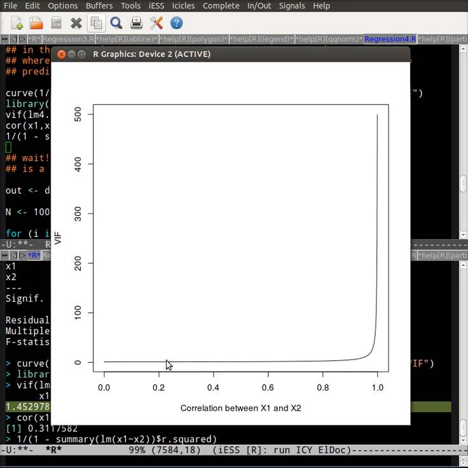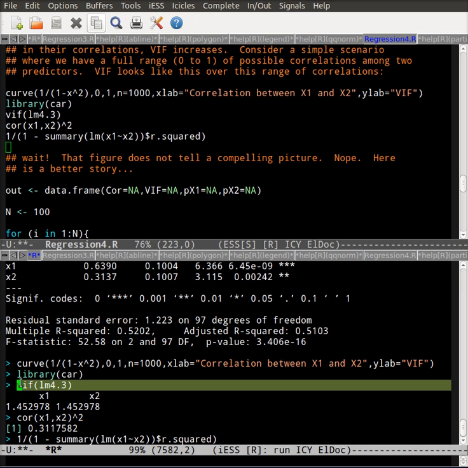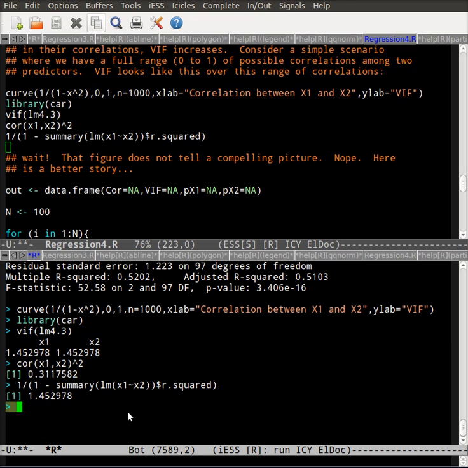It's pretty flat all the way across until we hit this point where it's about 0.9, and then look at this step that it takes up. So this curve does increase. It is a positive slope. But VIF values are pretty low overall, and it's not that VIF is necessarily interpretable.